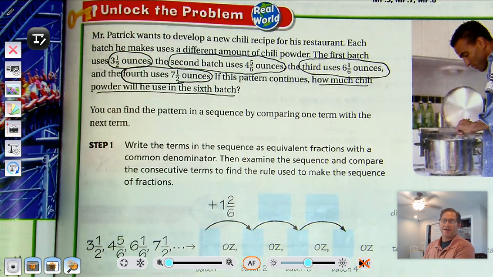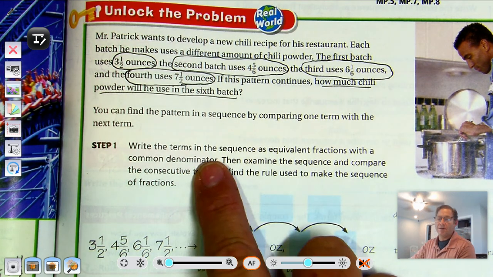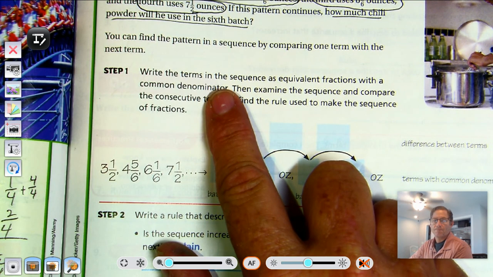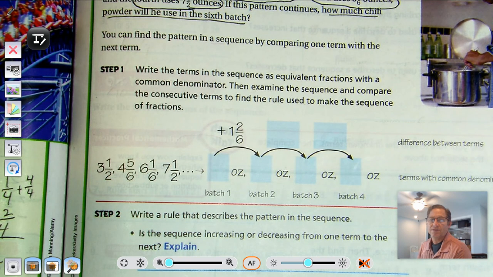Okay, well, we can find the pattern in a sequence by comparing one term with the next term. So we're going to write the terms in the sequence as equivalent fractions with a common denominator. And that way we make it easier for us to go from one fraction to the next. Then we're going to examine the sequence and compare the consecutive terms to find the rule used to make the sequence of fractions.